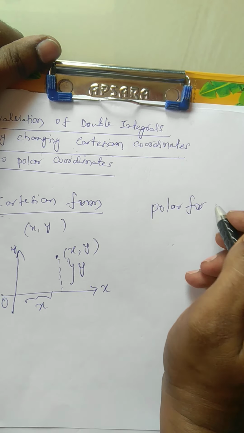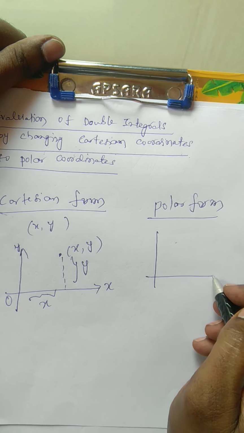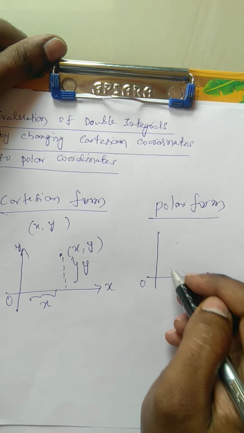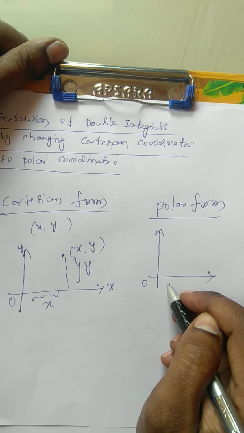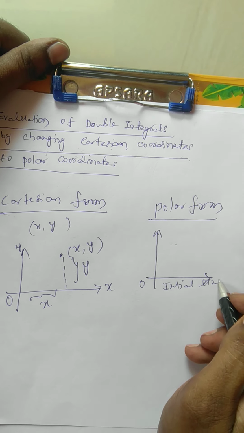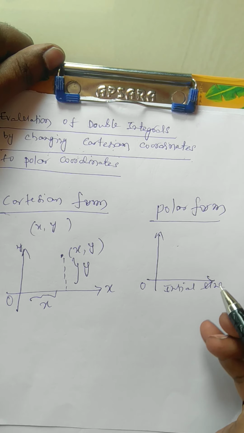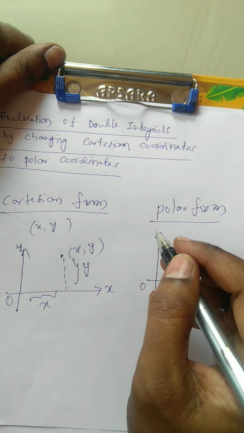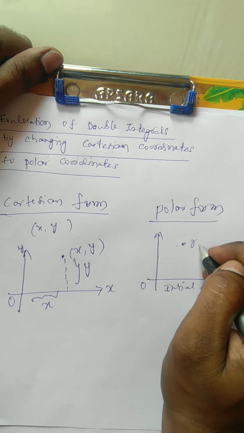Polar form. This is the origin. Here we can call this the initial line. This is the perpendicular line. Any point in the two-dimensional plane in polar form is of the form r comma theta.